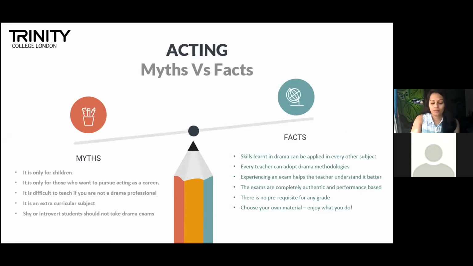All right, so the best part about any strand of learning and teaching under the drama syllabus is that the content doesn't have to be about the skill. The content can be anything. It can be any subject.